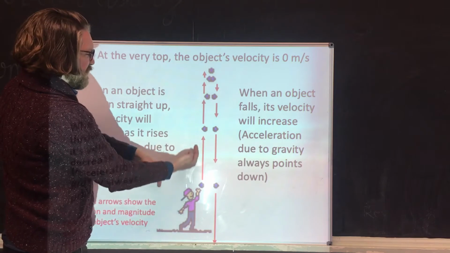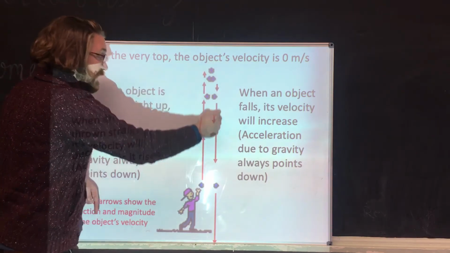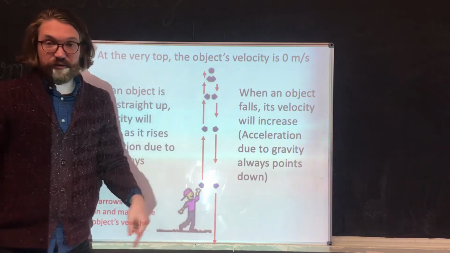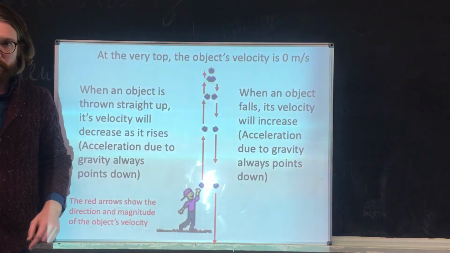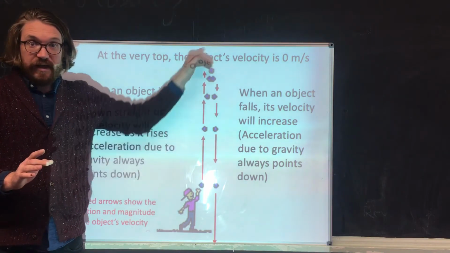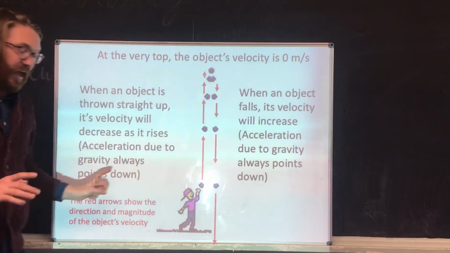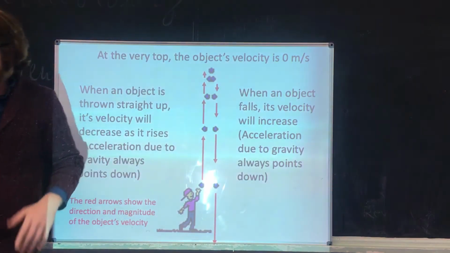So it's going up, it's slowing down, stopping, and then speeding up, accelerating as it goes back down. The velocity points up when it's going up, down when it's going down, and the acceleration always points down. I wrote that there twice because it's important.